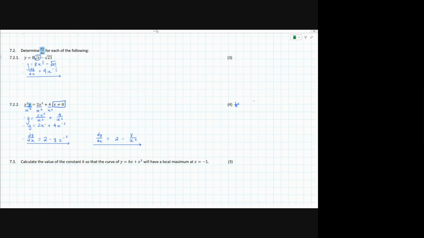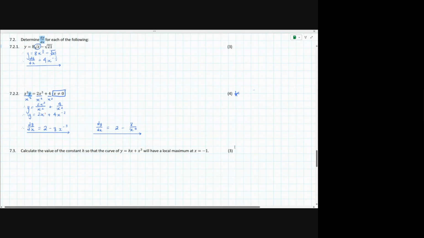Right, 7.3. For some reason, my kids struggled with this a little bit. And again, I think it was maybe just reading of the question. So it said, calculate the value of the constant h so that the curve of y equals hx plus x cubed will have a local maximum at x equals -1.